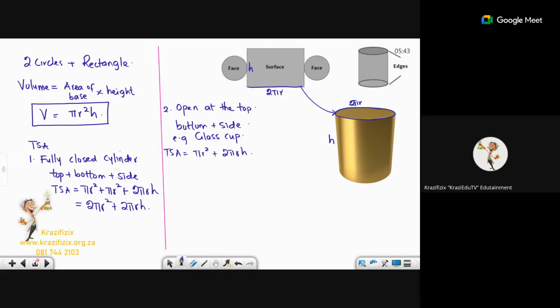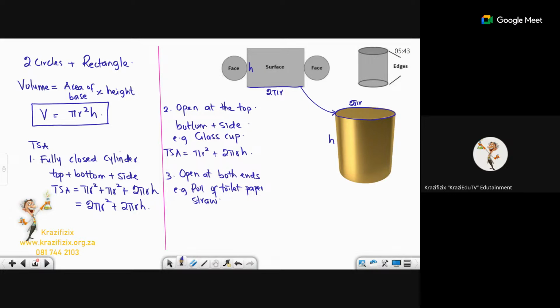That's it. Number 3, open at both ends. Example, a roll of toilet paper. You can imagine that, right? No top, no bottom. And imagine a straw.